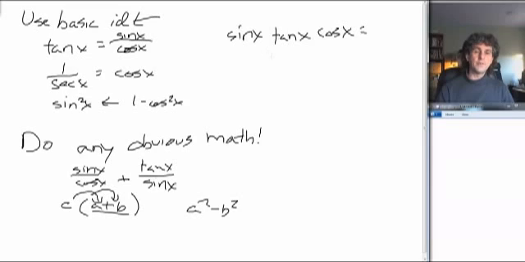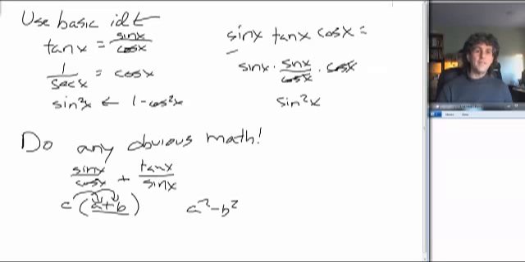So you would first start by replacing tangent with sine over cosine, just like I said there. Sine x times sine x over cosine x times cosine x. And then you can cross-cancel that. And what you have left is sine squared x.